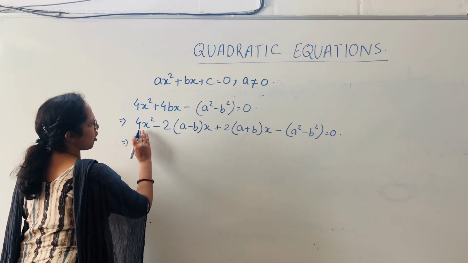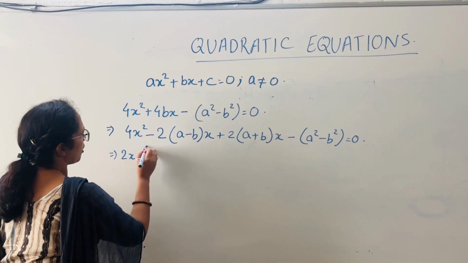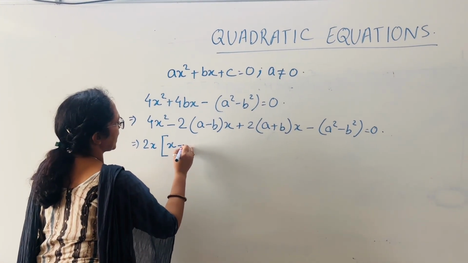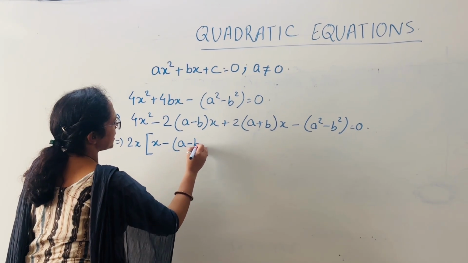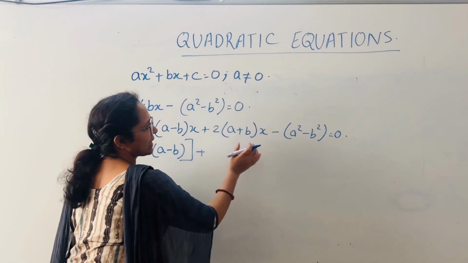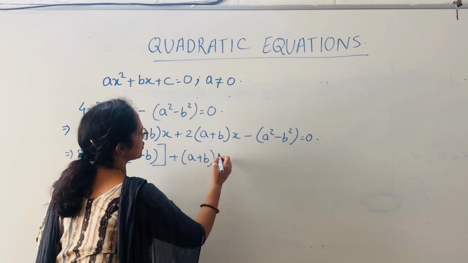Now, if we take common from these two, we will have 2x as common. So what are we getting inside? x minus a minus b. From these two, I can take a plus b as common.